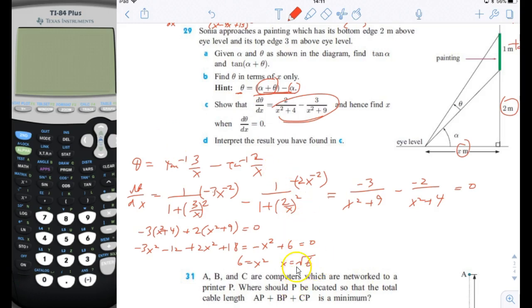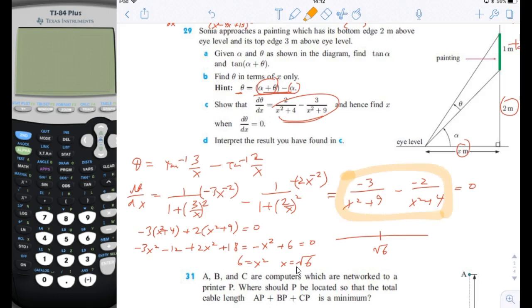So we could do a sign diagram to make sure that x equals square root of 6 would be a maximum or a minimum. So square root of 6 in the middle of the sign diagram. Square root of 6 is about 2.5 or something like that. So if we put like 0 or 2 in for the expression here, 0 or 2.